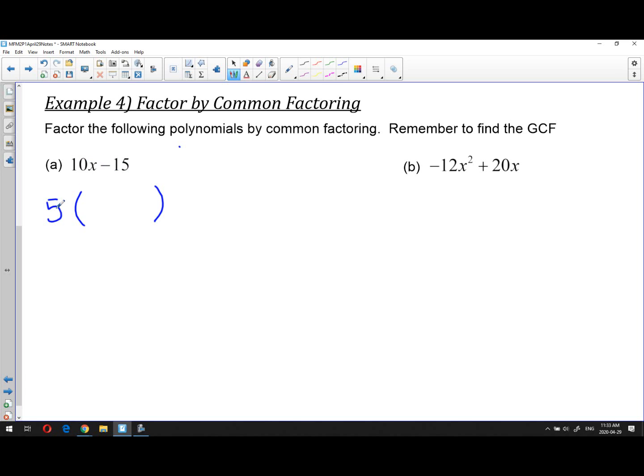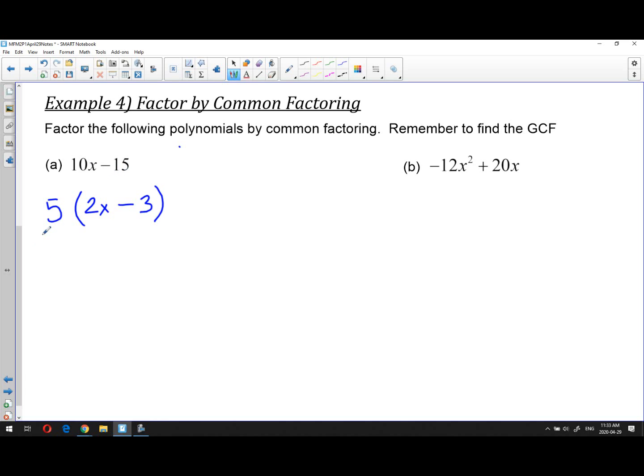So 10x divided by 5 is 2x, and negative 15 divided by 5 is negative 3. And so there we have it. 10x minus 15 is the same thing as 5 multiplied by 2x minus 3. You could always check by expanding. 5 times 2x gives us 10x. 5 times negative 3 gives us negative 15.